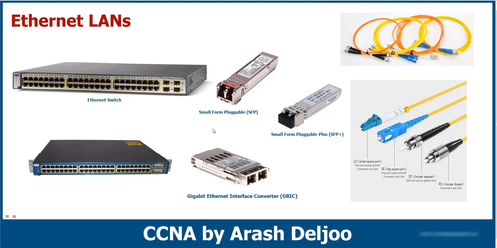Because of that, in that place we don't want to use the copper cable and we are using the fiber optic. How can we connect these fiber optic patch cords to the Cisco switch or some other devices in the networks?